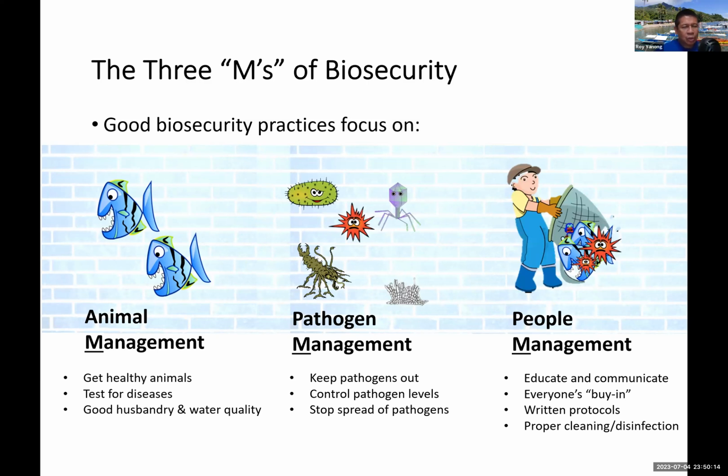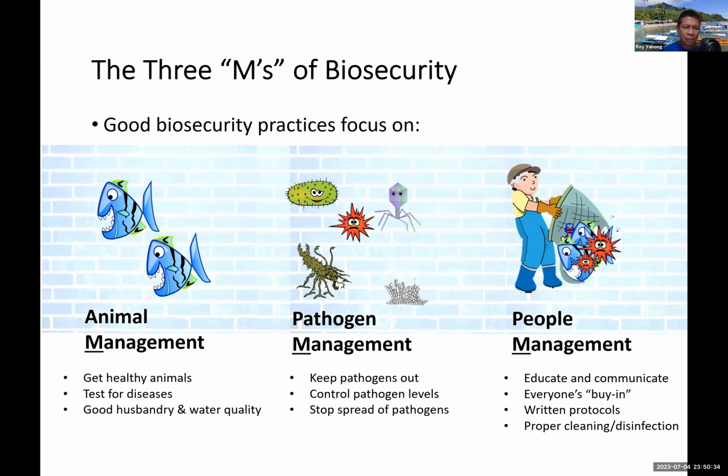So animal management, obviously you want to get healthy fish. You want to test for diseases if there are any problems, and work with a fish health professional, a veterinarian, if you do. And of course, you want to optimize your husbandry and water quality to make things as good as possible for your animals.